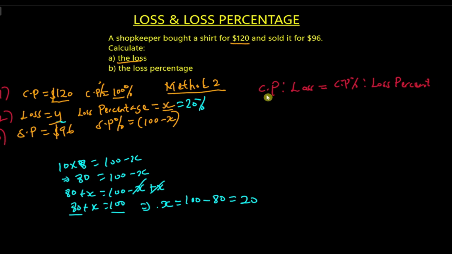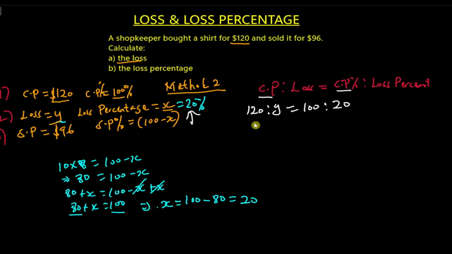Now the cost price over here is 120, and the loss that we are looking for here is y, and the cost price percentage over here is always 100, and the loss percent we just solved, and we had 20.